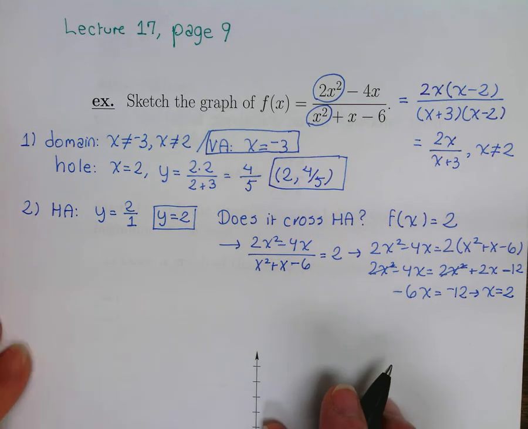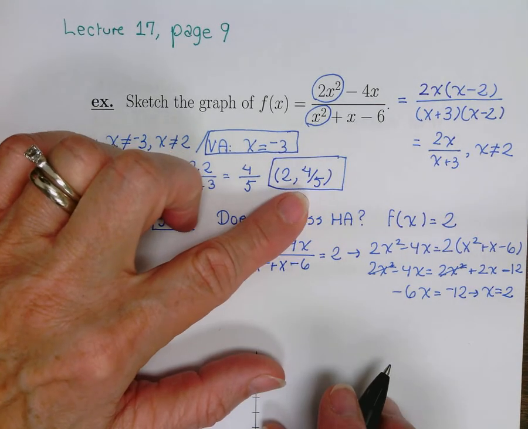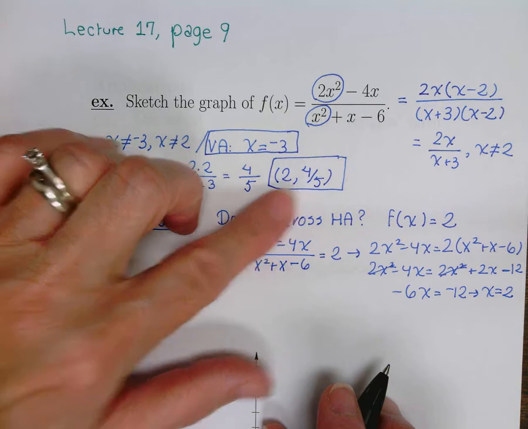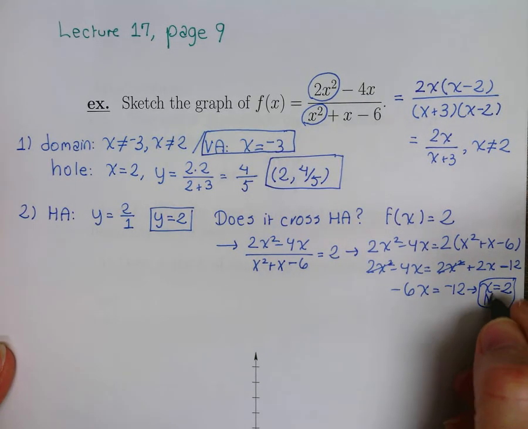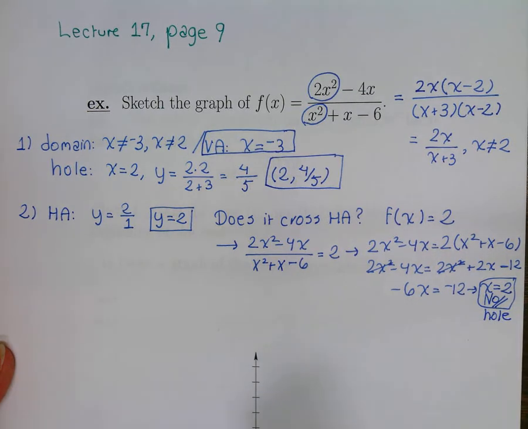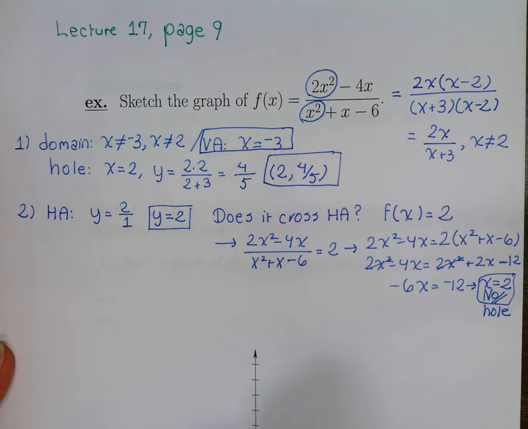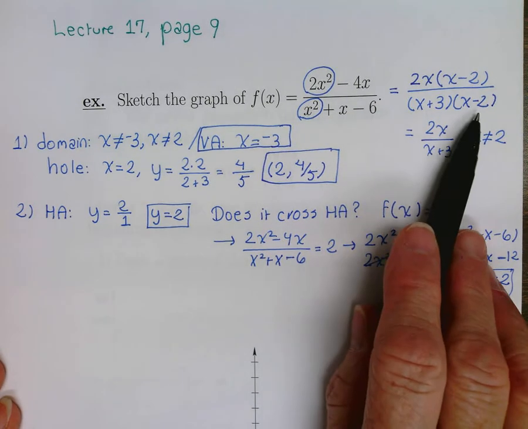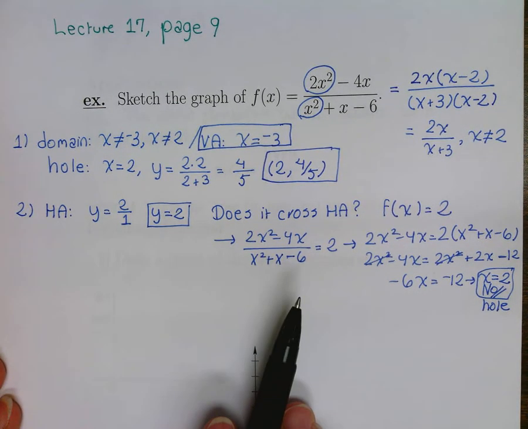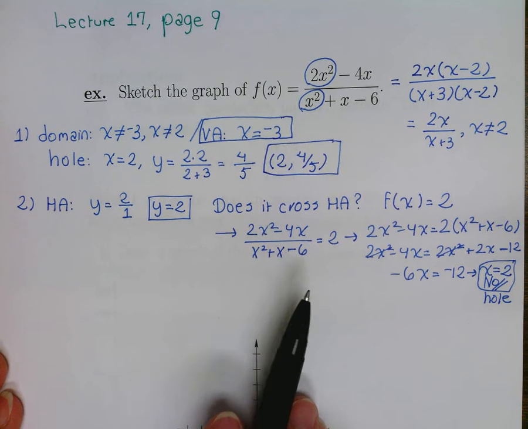But x equals 2 is the hole in the function. So does it cross? The answer is no, because that's where we have the hole. So it does not cross, because where it would cross is not in the domain. x is not defined at 2. Does that make sense? So it will not cross.